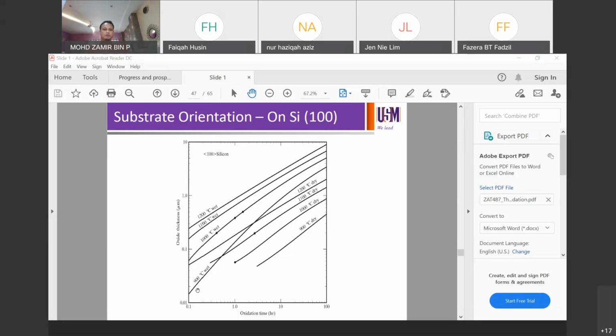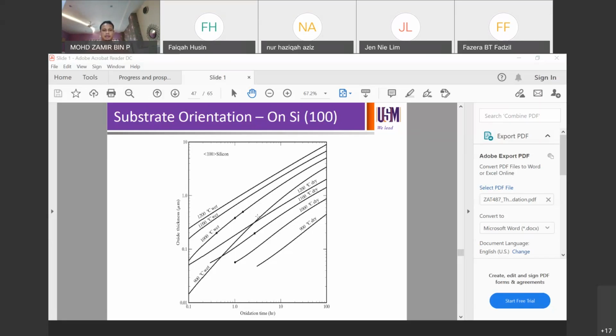If you want it precise, check your lecture notes later. Okay. So if it's 0.4, then you're going to end up with 0.4 micron or 400 nano or 4000 angstrom on your silicon by wet process. So that's considered thick, quite thick.